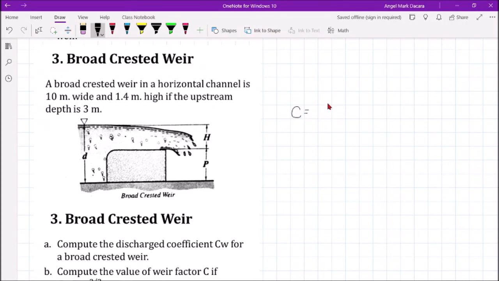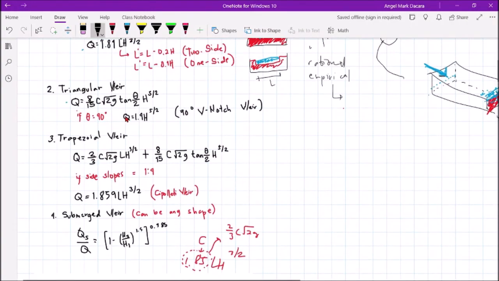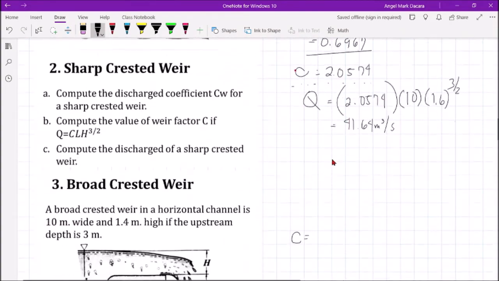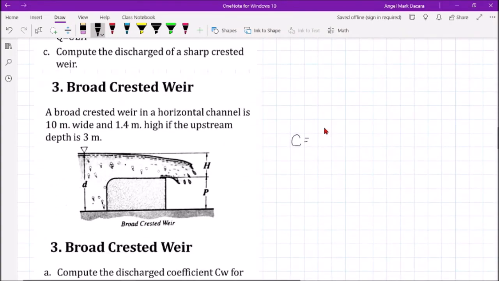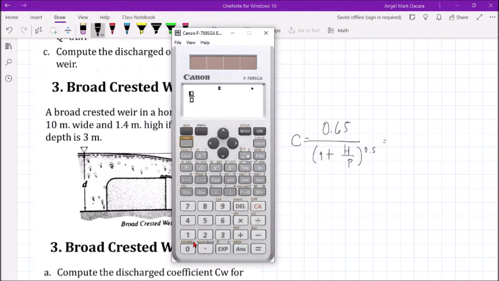C is, ano yun? Nalimutan ko tuloy yung formula. Ito. Ayan, 0.65 over 1 plus H over P raised to 0.5. Dahil magkaiba ang characteristics ng broad and sharp crested, syempre may pagkakaiba ng konti sa value ng discharge.